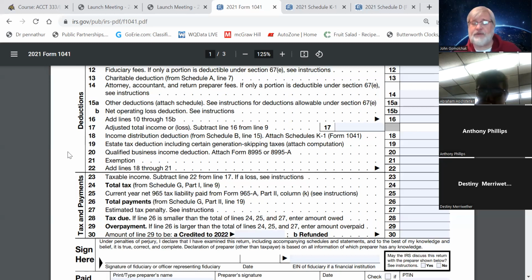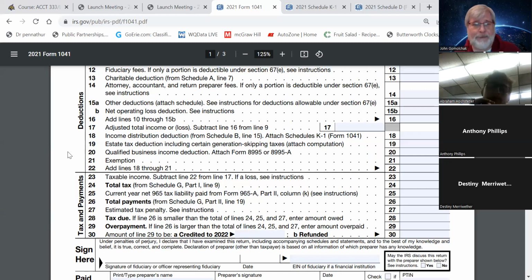It's such a large number that theoretically it should wipe out our income. But we do get a deduction if we pay estate tax during this tax year. I'm not going to give you any problems that require that, so for our purposes you can ignore it. Understand that it is a possible deduction if you're very early in a very big estate that has an estate tax problem.